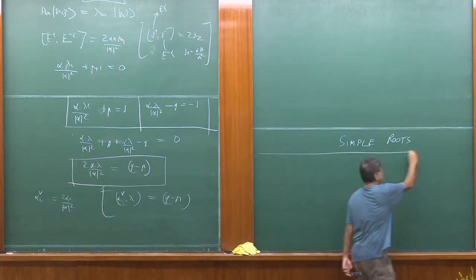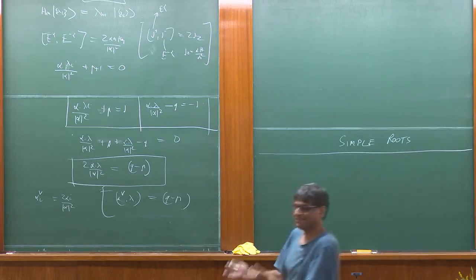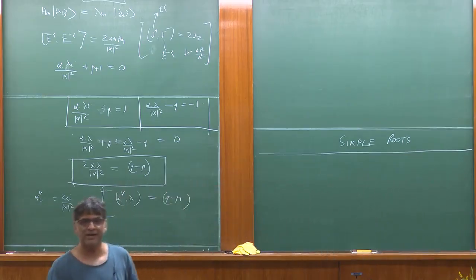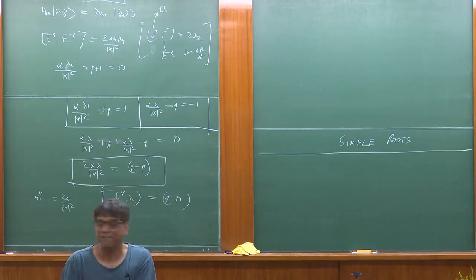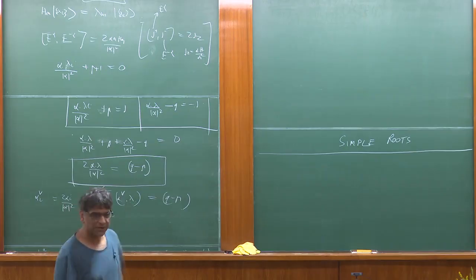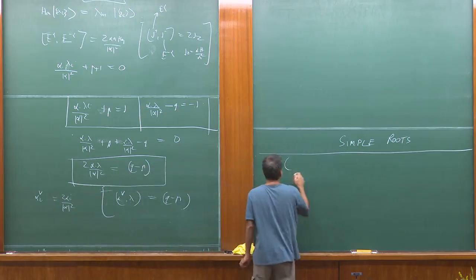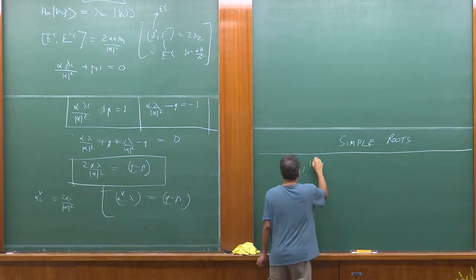Now, in order to give this thing meaning, actually, when we discuss the Weyl group, we will prove that some of these things that we're talking about are independent of basis, independent of how we define this positivity. So what I'm going to do is just define a very crude notion of positivity. I take my Cartans and I put them in some order.